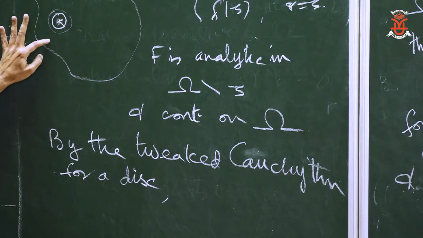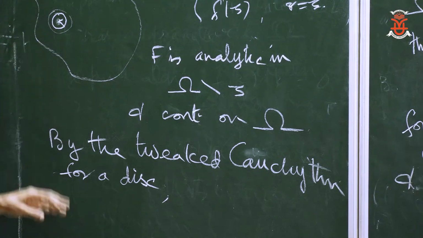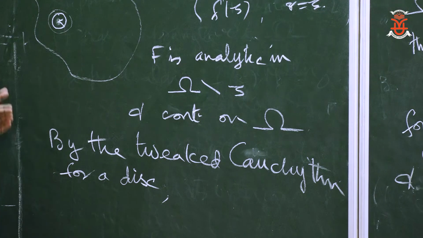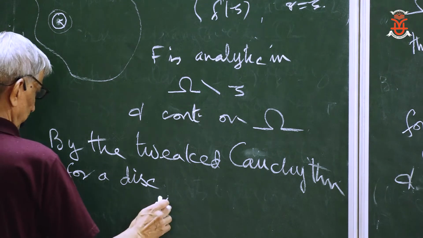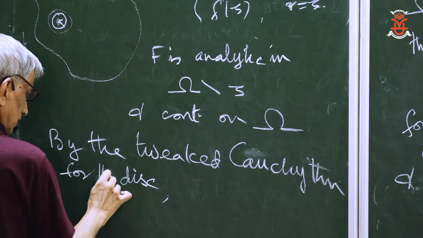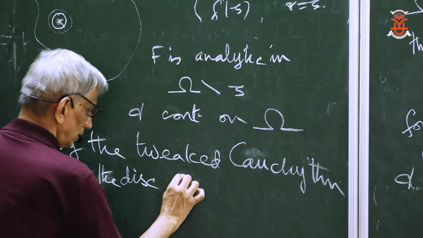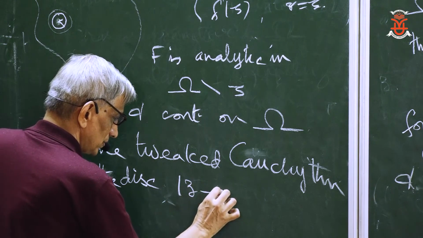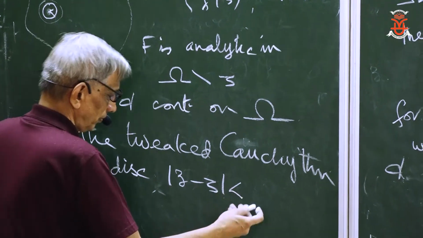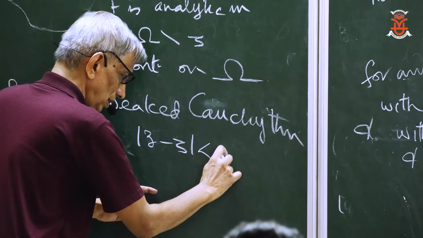A slightly smaller disk, right? So give the name for the disk, mod z minus zeta less than something, r let us say.